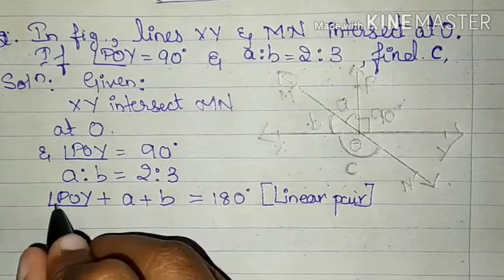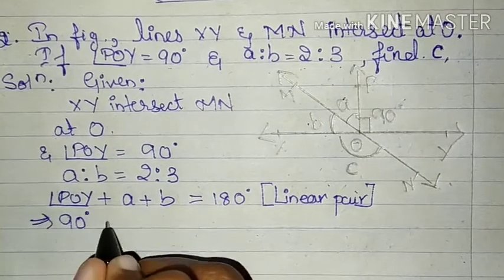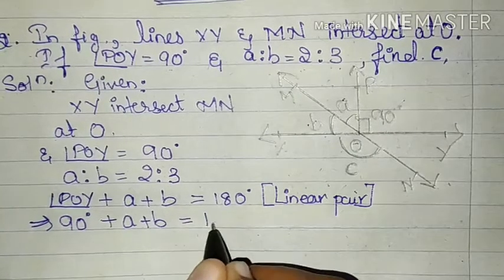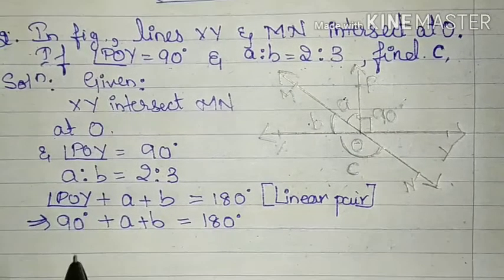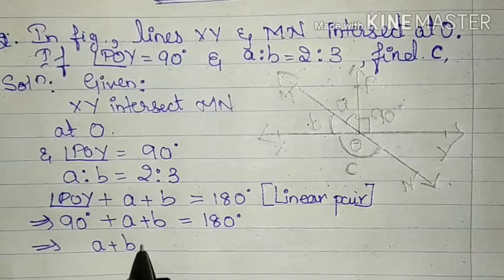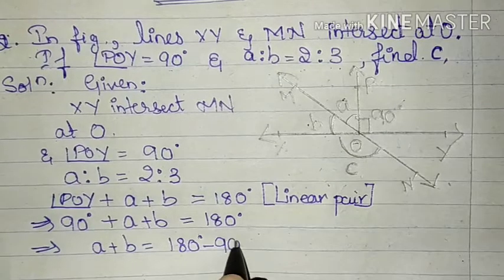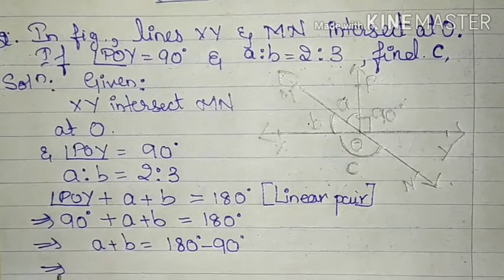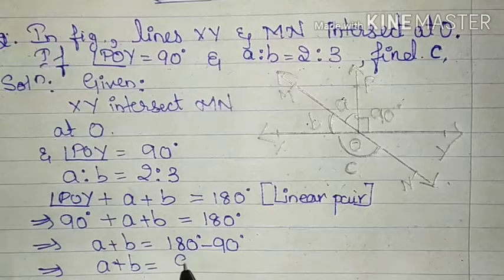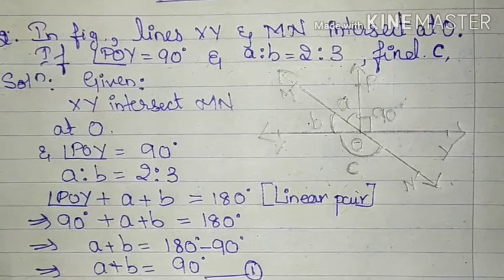So now we know that angle POY is 90 degrees. This implies 90 degrees plus A plus B is equal to 180 degrees. So this implies A plus B is equal to 180 degrees minus 90 degrees. This implies angle A plus B is equal to 90 degrees. This is our first equation.